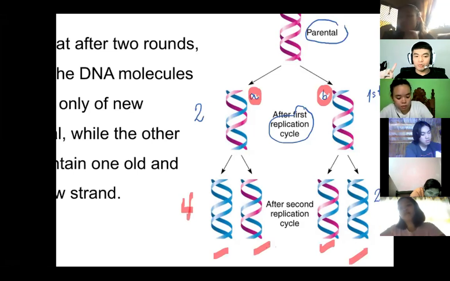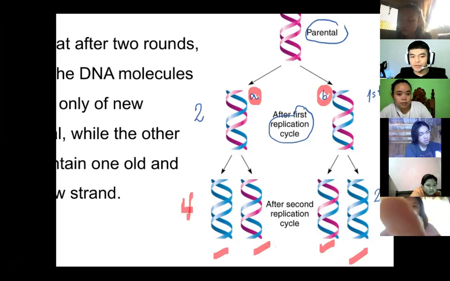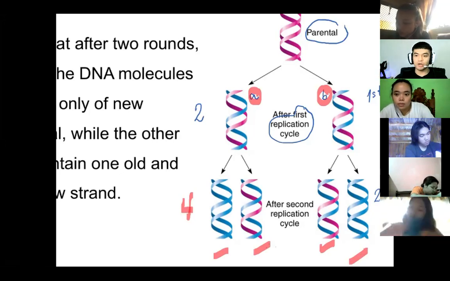Pero my question here is, sa 4 na yan, meron pa rin bang semi-conservative in terms of characteristic? Yes. Ilan ang nagdi-display ng semi-conservative model? 2. Dalawa semi-conservative, 2 completely conservative. Okay? Completely new.